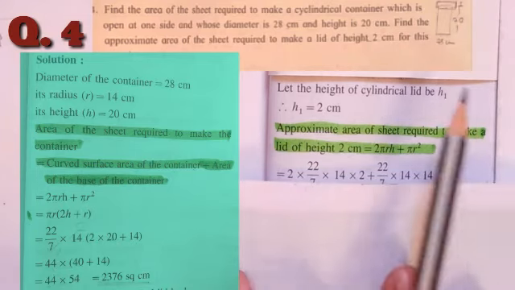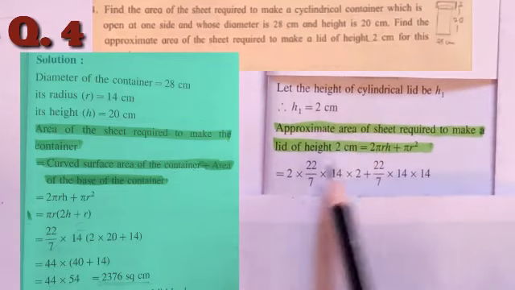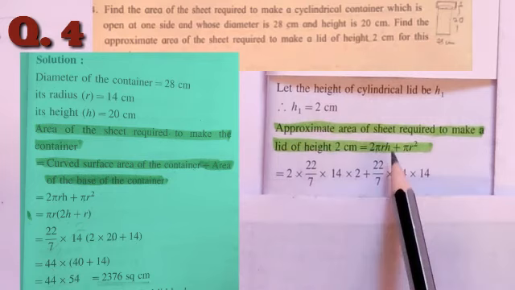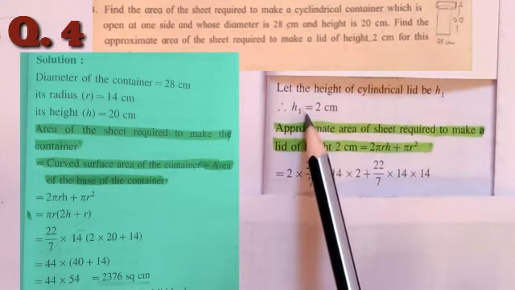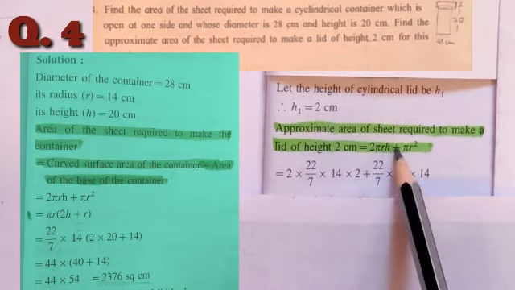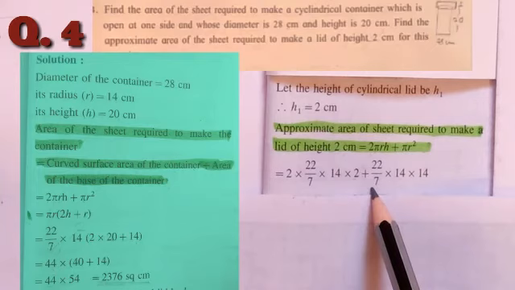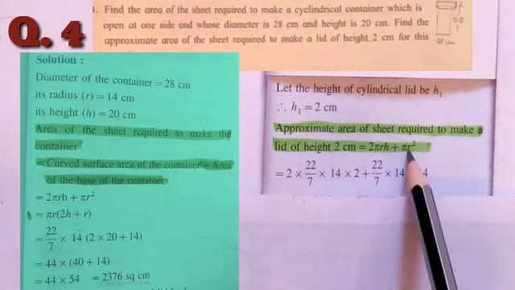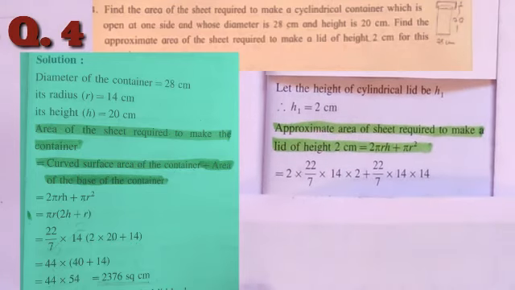Let's write it properly. 2 will be as it is, multiplied by pi, that is 22/7, multiplied by r, which is 14 centimeter, multiplied by h, which is 2 centimeter. Just now we have written that. Now the plus symbol will be here. The value of pi will be 22/7, multiplied by r square. R means radius, that will be 14 into 14.